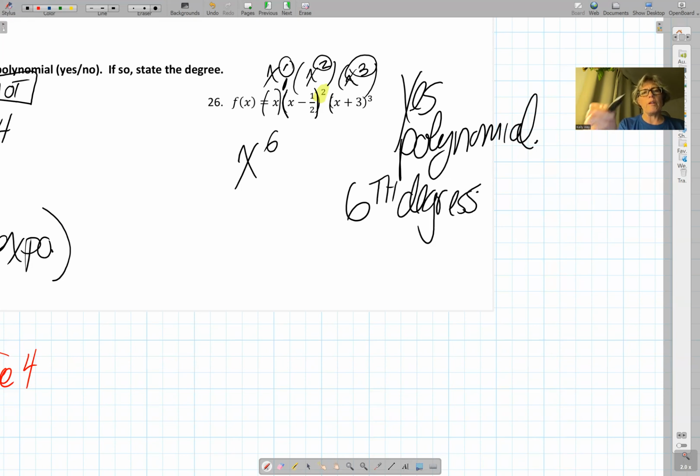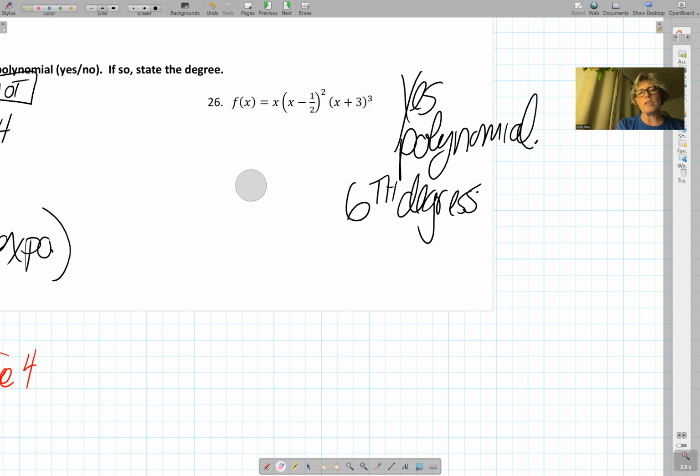Now, if you want, you can certainly go ahead and multiply all that out. But it didn't ask you to find the entire polynomial. It just asked you for the degree.